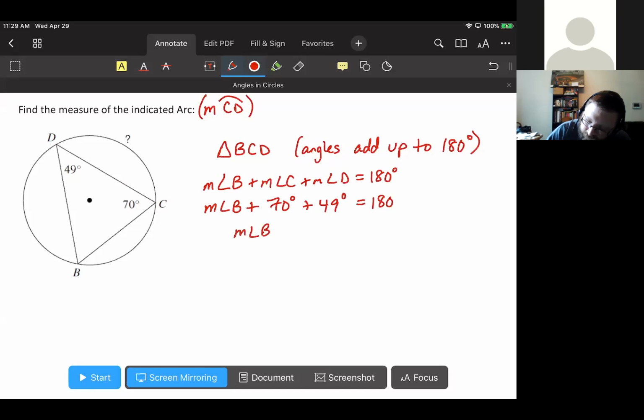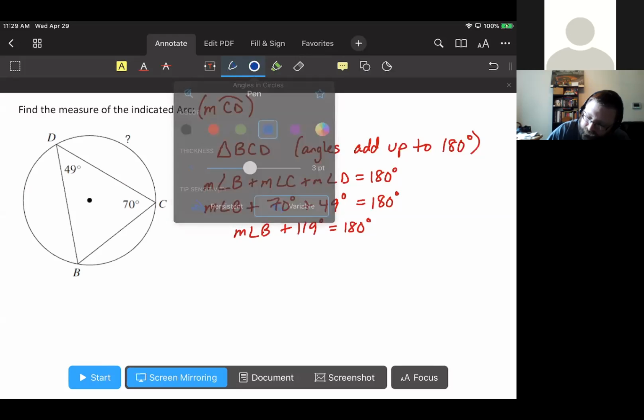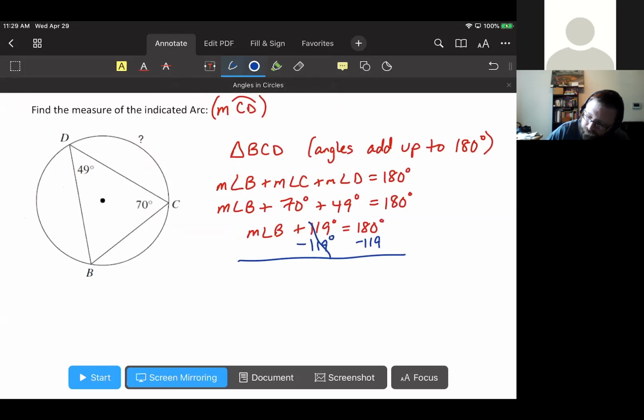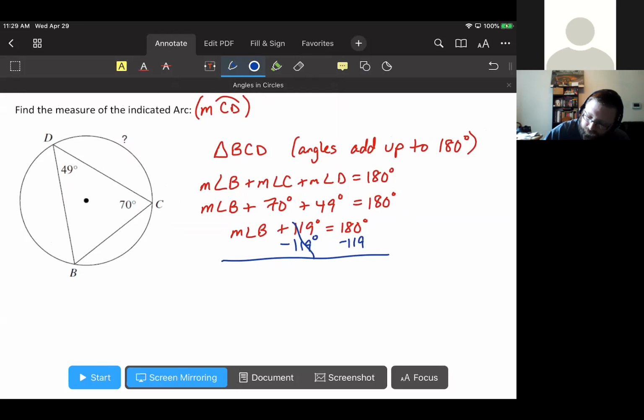So we add like terms, then we subtract 119 from each side, and we get that the measure of angle B, which is our inscribed angle, is 61 degrees.